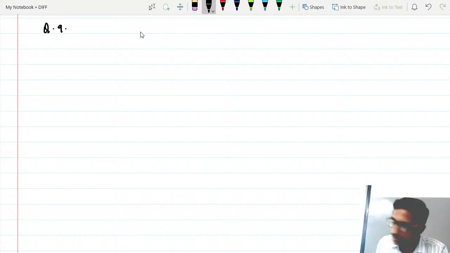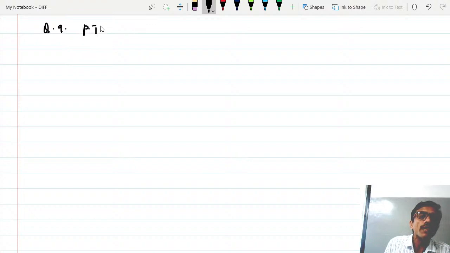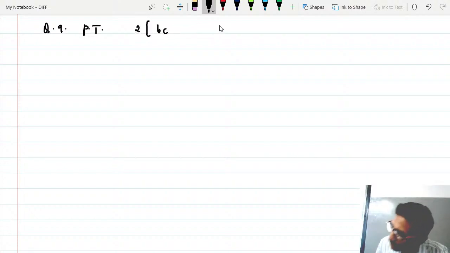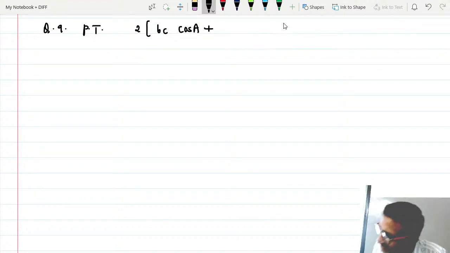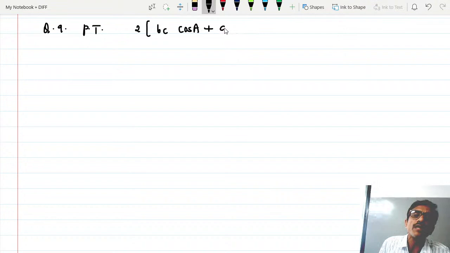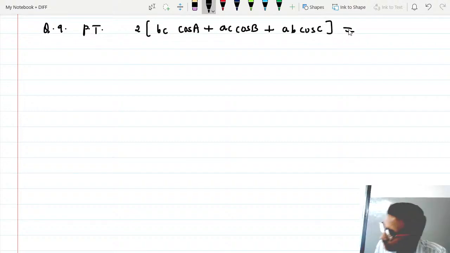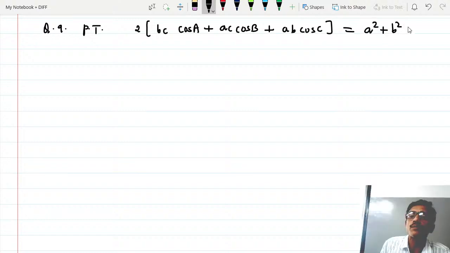With usual notations, prove that 2 times (bc cos A plus ac cos B plus ab cos C) is equal to a square plus b square plus c square. It's a very simple question.